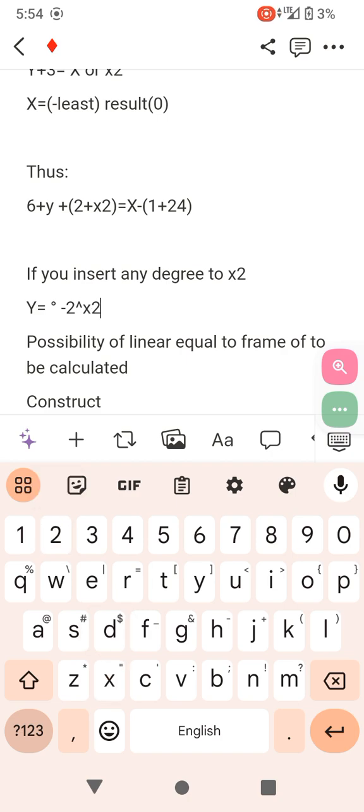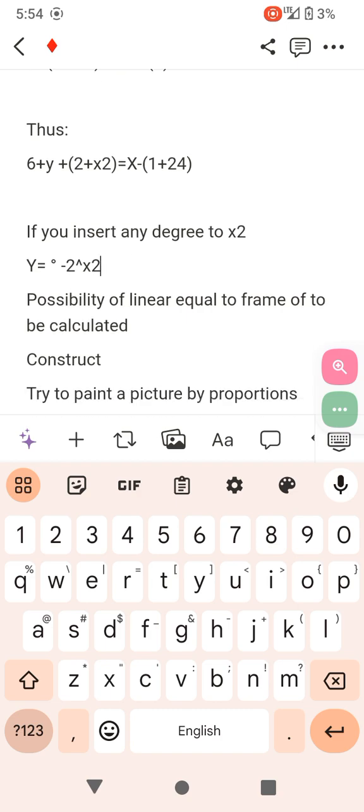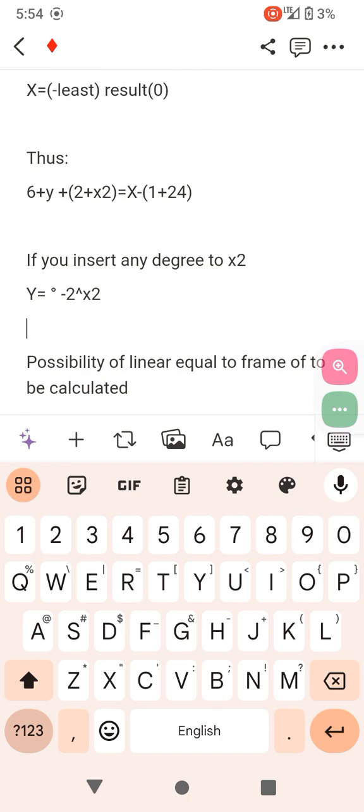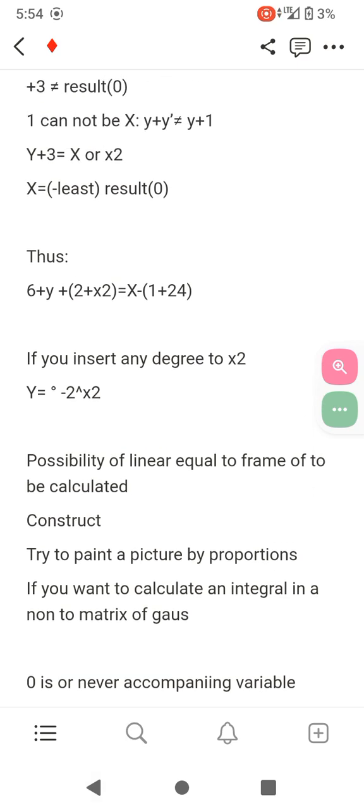If you insert that for y, you can use this formula easily, so that actually makes sense. Then you want to calculate x, of course. The rest of applications is, of course, usual for a mathematical formula.